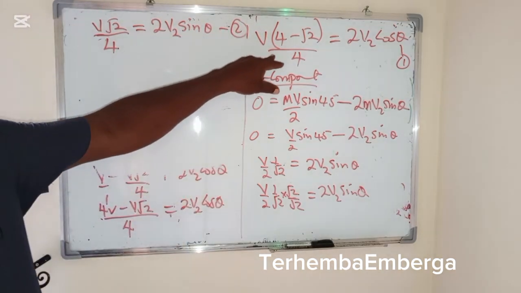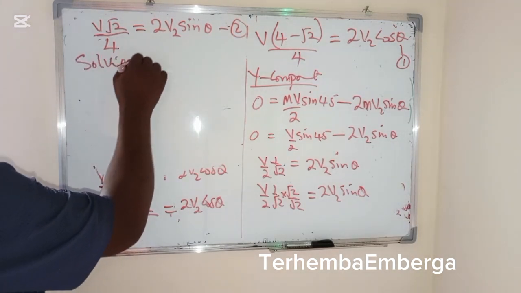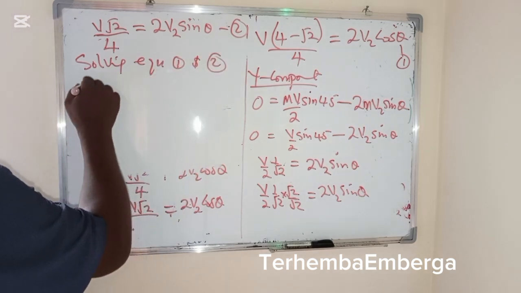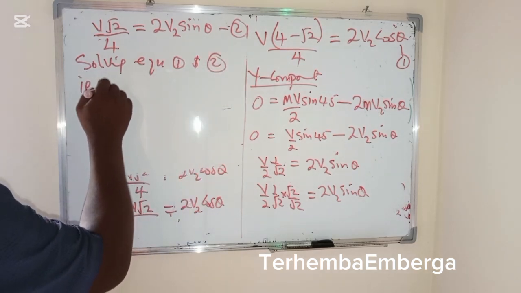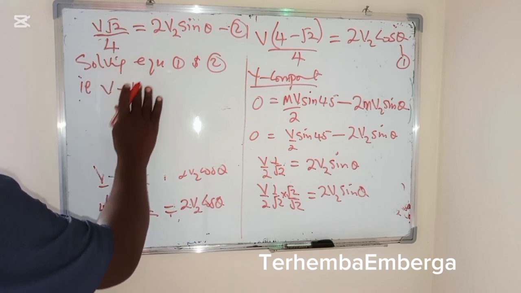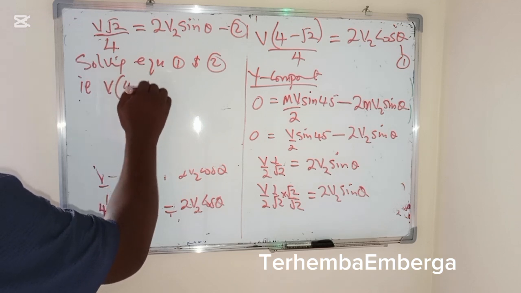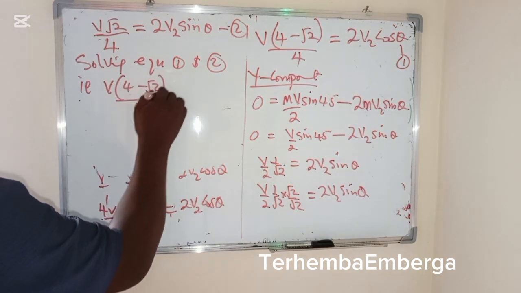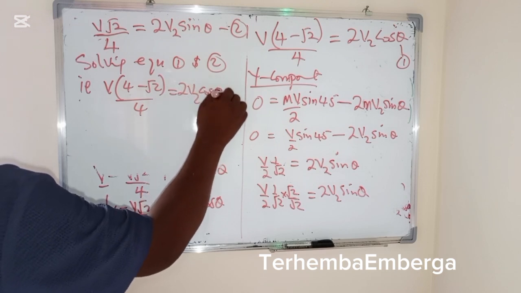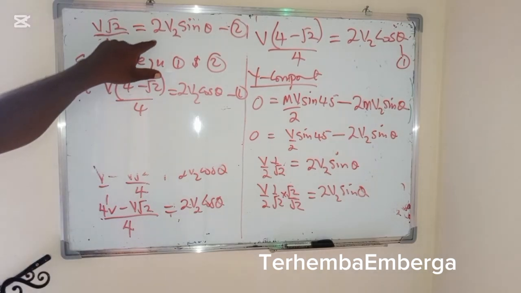So we want to solve equations 1 and 2. Equation 1 is v minus v into 4 minus root 2 all over 4 equal to 2 v2 cos theta. This is our 1 and our 2 is this.